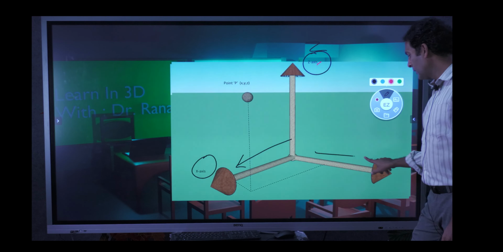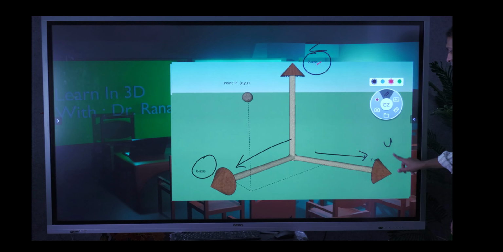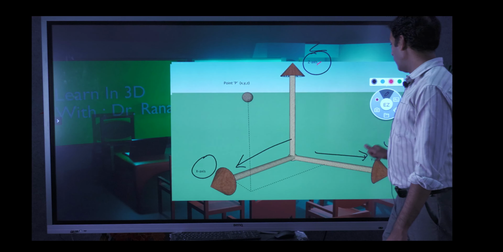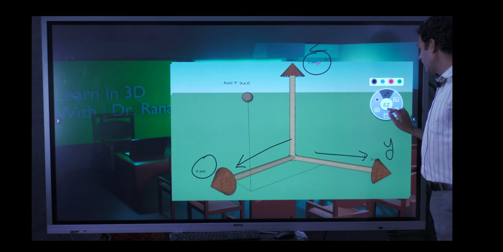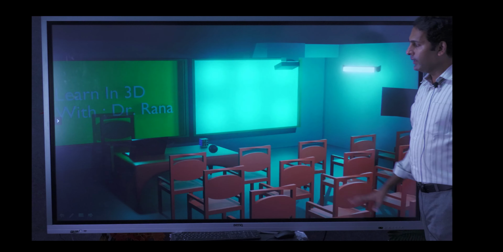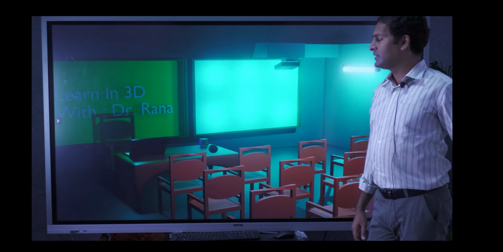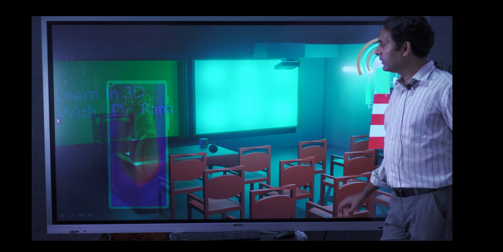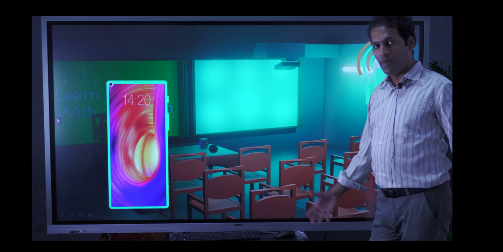And third is the Y axis, which we imagine is below the whiteboard or green board of your classroom. Similarly, now we have to imagine a cylindrical classroom. I will try to help you imagine the setup.